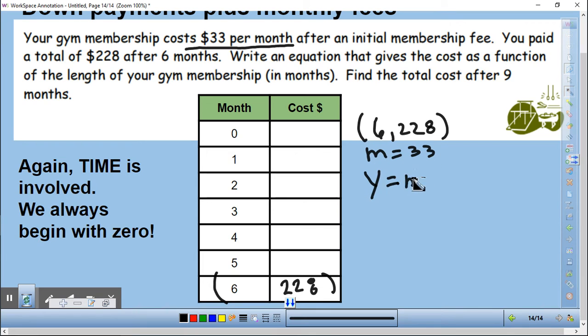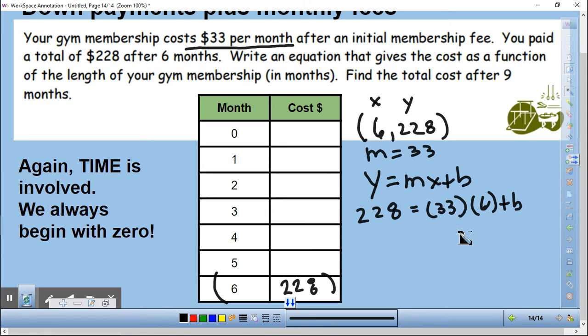So I'm going to use y equals mx plus b. I'm going to substitute them in. This is x, this is y. So 228 is equal to my slope of 33 times my x of 6 plus b. 33 times 6 is 198.